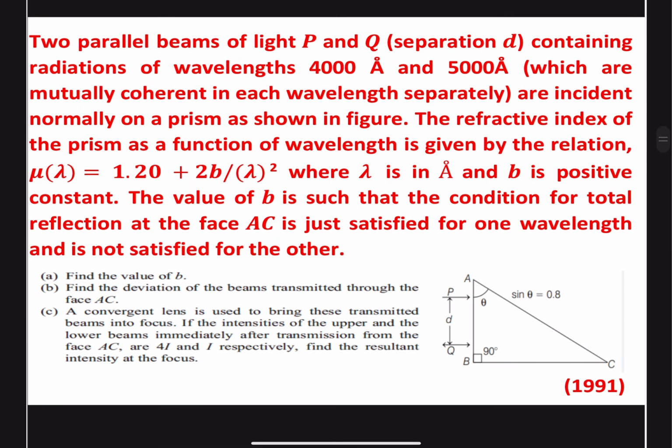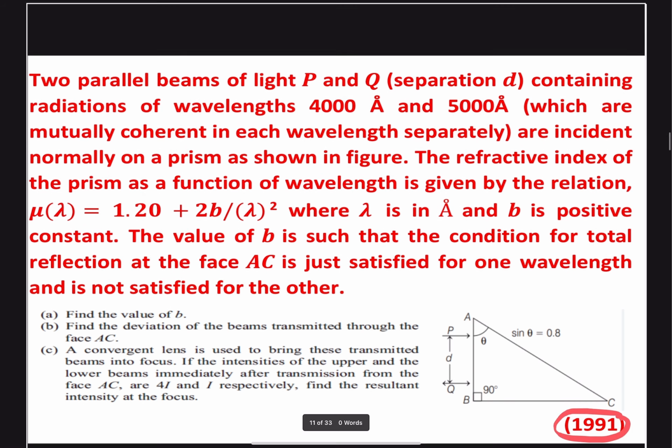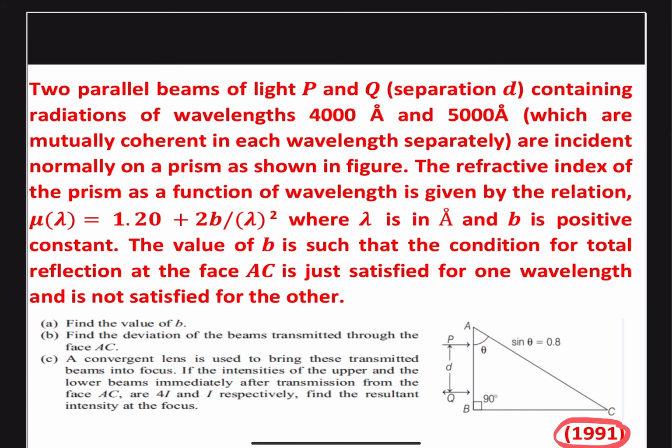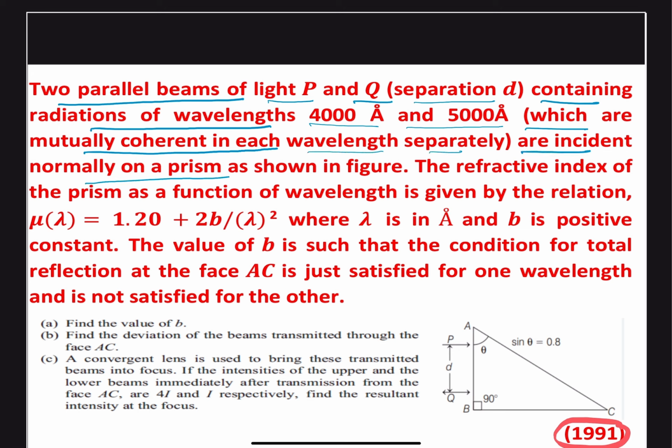It was asked in the year 1991, and it states that two parallel beams of light P and Q, separation D, containing radiations of wavelength 4000 angstrom and 5000 angstrom, which are mutually coherent in each wavelength separately, are incident normally on the prism as shown in the figure.